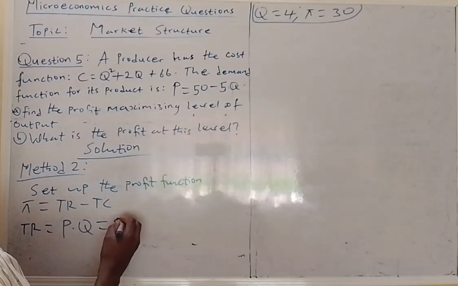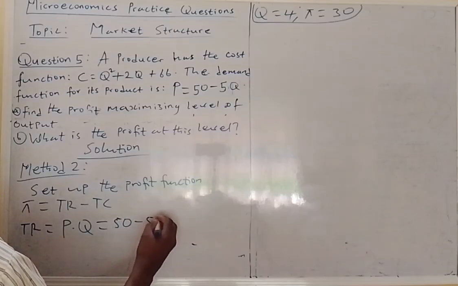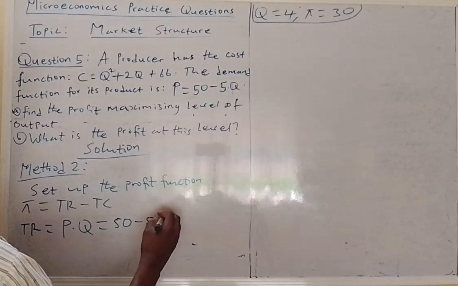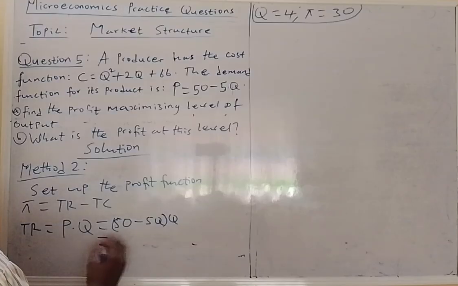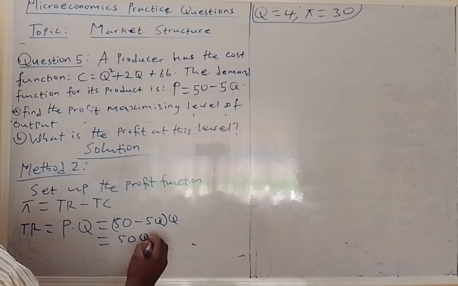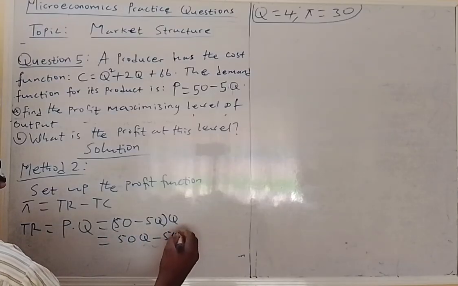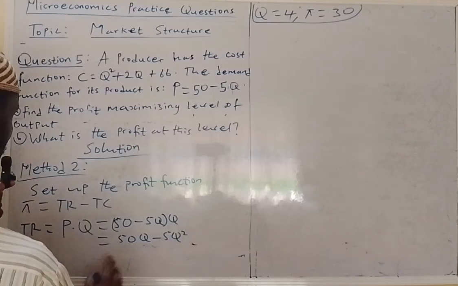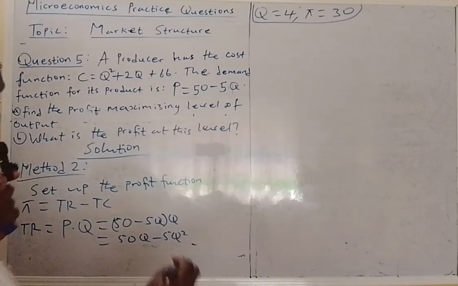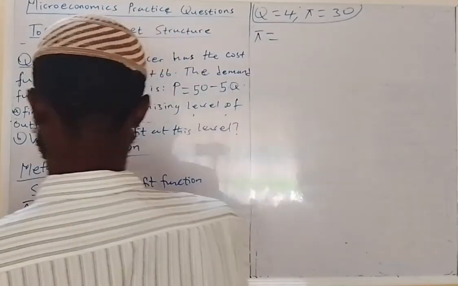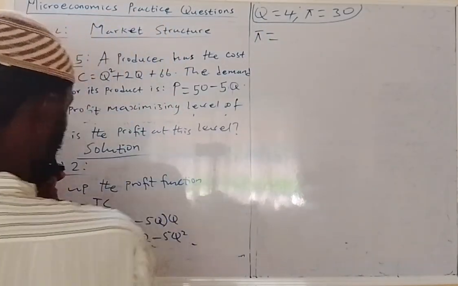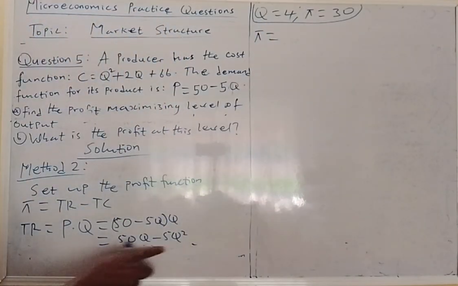So therefore we have 50 minus 5Q multiplied by Q, which equals 50Q minus 5Q squared. Now we have our total revenue. So therefore the profit function will be equal to TR minus TC.